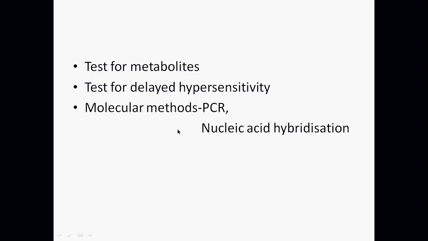Culture also gives you 100% confirmed diagnosis, but it takes time. So these are the rapid diagnostic tests for confirmed diagnosis. They are rarely used techniques because they are costly and available in some specific reference centers. So you can use them but precisely.